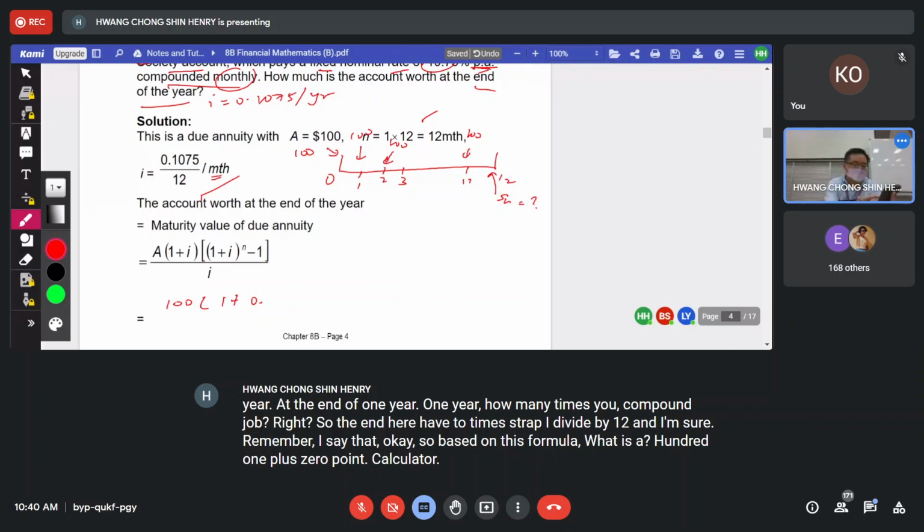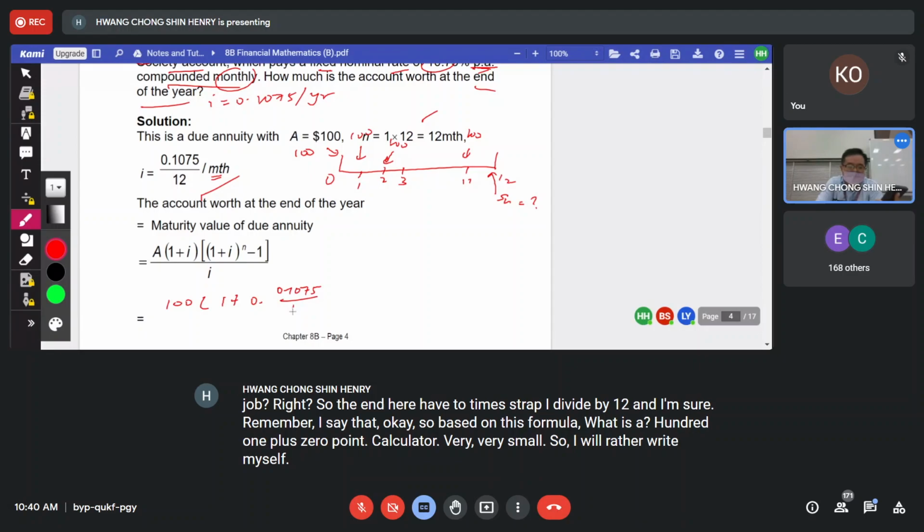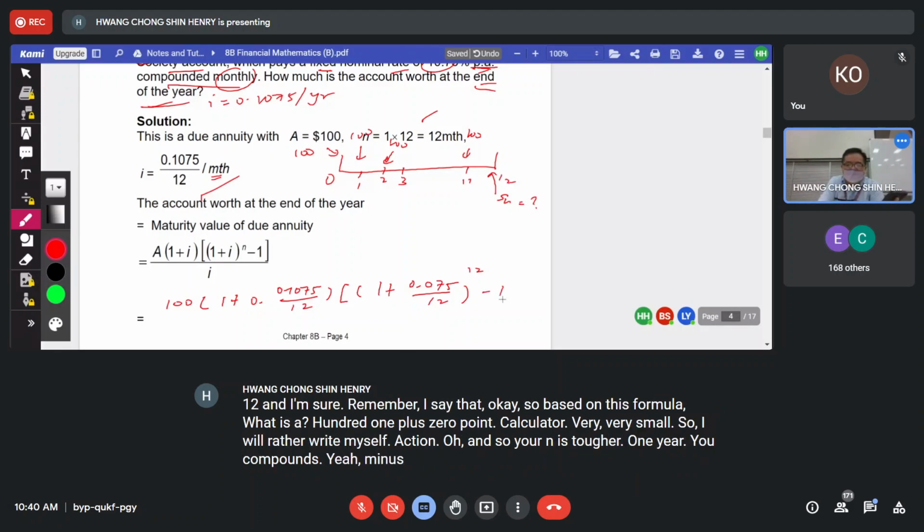Divide by 12, very, very small, so I will rather write it as a fraction. Your n is 12, 1 year, you compound 12 times. Minus 1, divide by your i again. Okay, calculator.